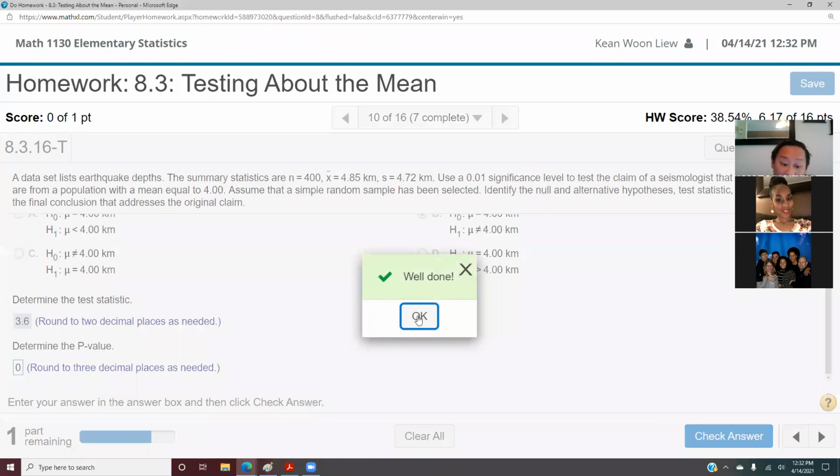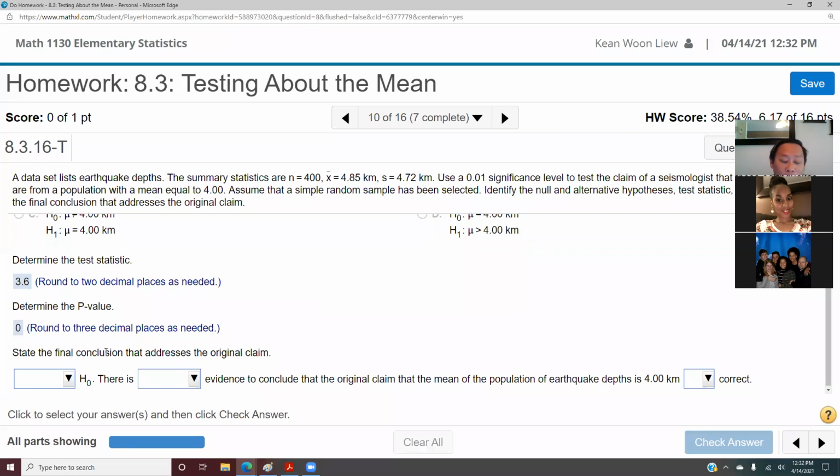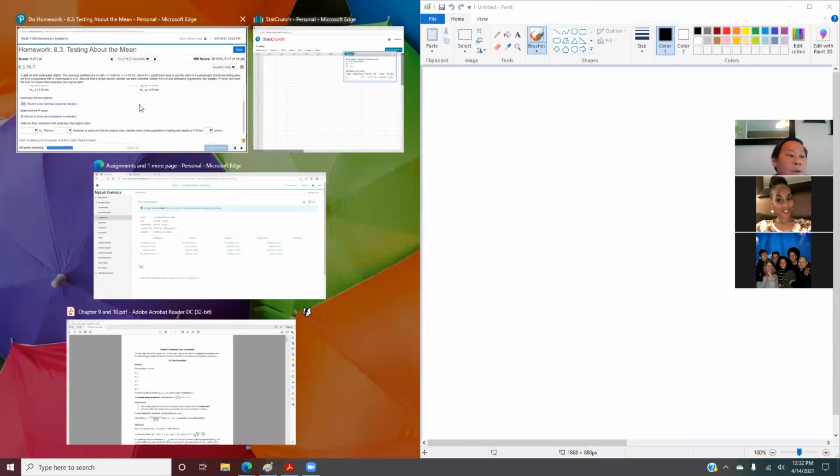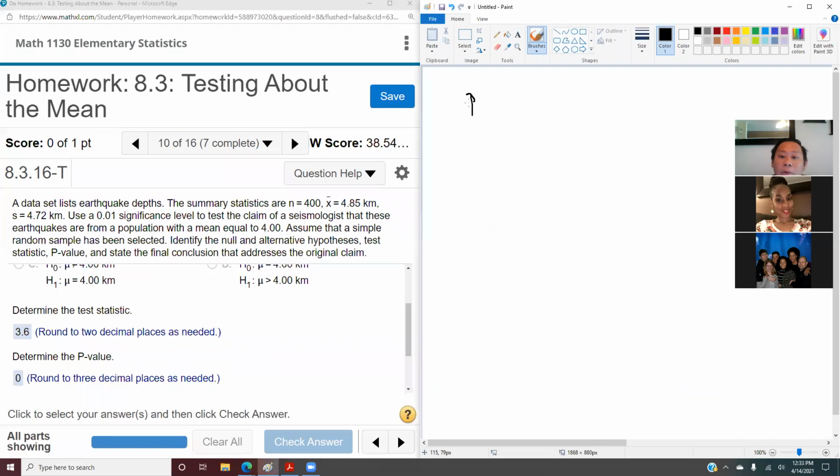This is the time when you do the conclusion and the decision, using the p-value you found in StatCrunch and the significance level. If your p-value is less than your significance level, you reject your null hypothesis, reject H0. If your p-value is greater than alpha, you fail to reject.